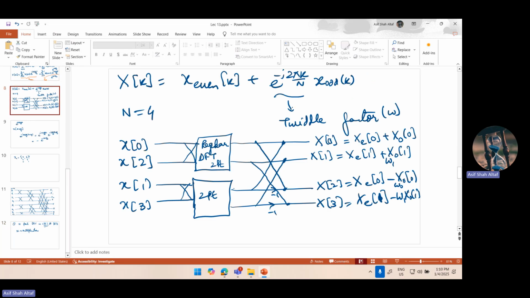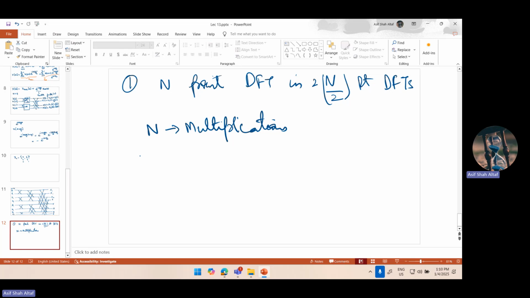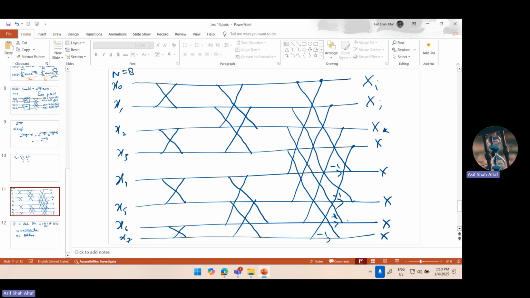Where does this multiplication come from? It's because of the twiddle factor. You need to multiply it to the odd one, and then you have to add it. So there are n multiplications and n additions. How many stages will there be?